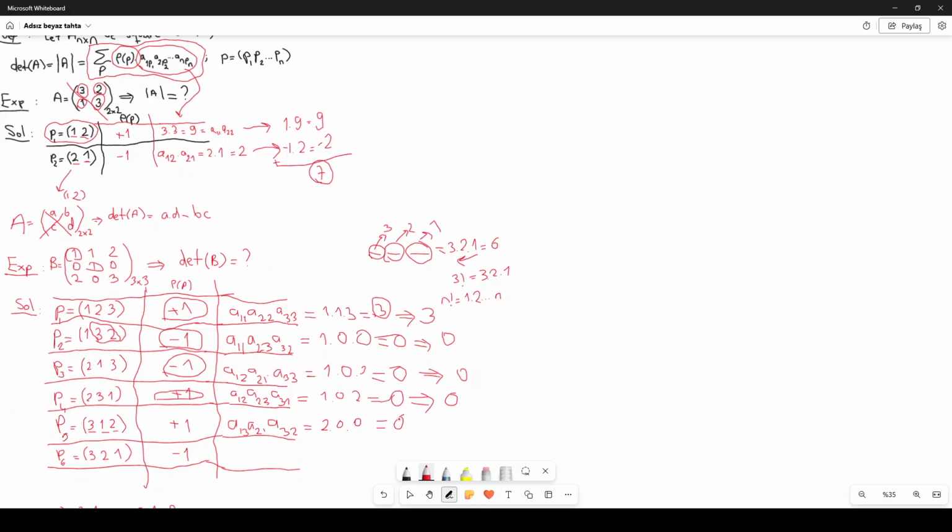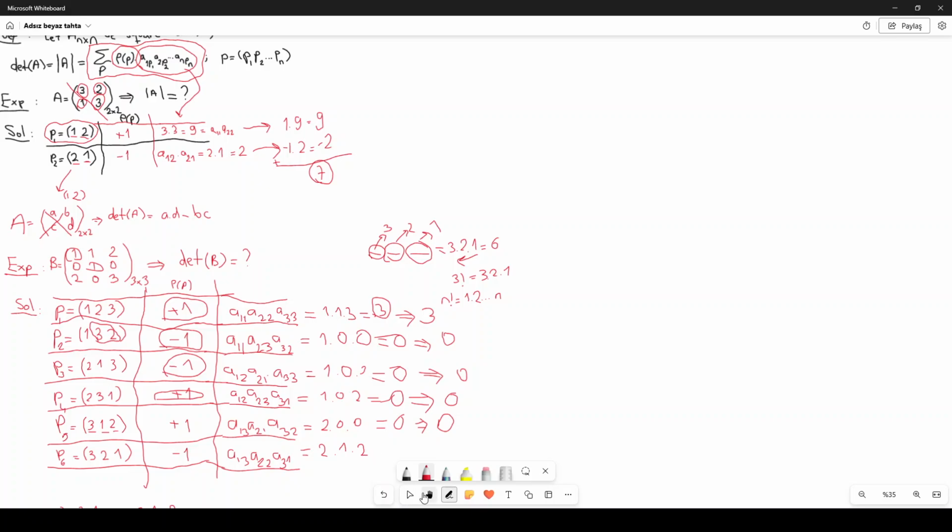So that's good. Okay, and multiplying it by its sign again is 0. And for the last permutation, do the same thing. We have A1, 3. We have A2, 2. And we have A3, 1. So what we have here, A1, 3 is equal to 2 times A2, 2 is equal to 1 times A3, 1 is equal to 2.